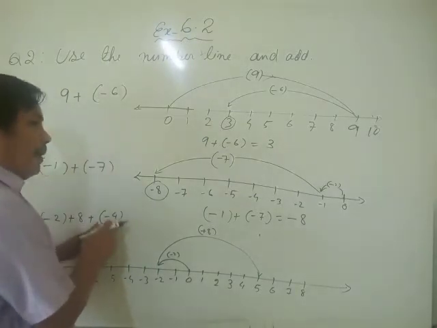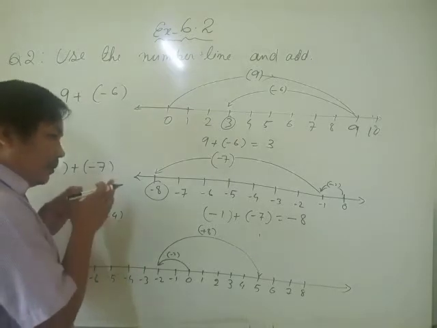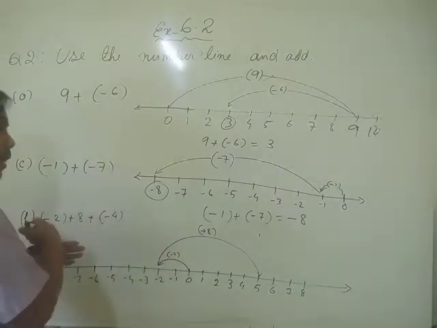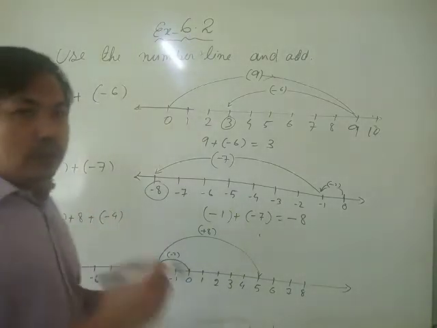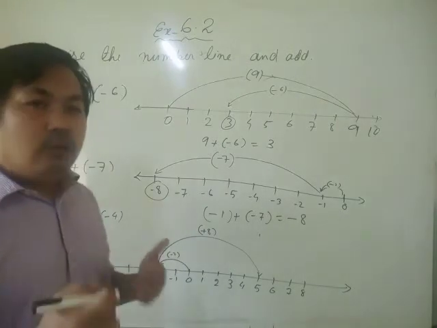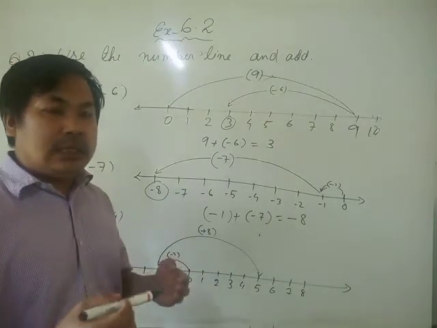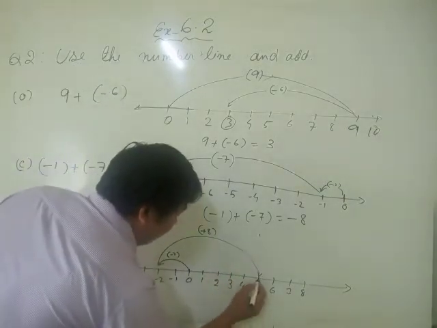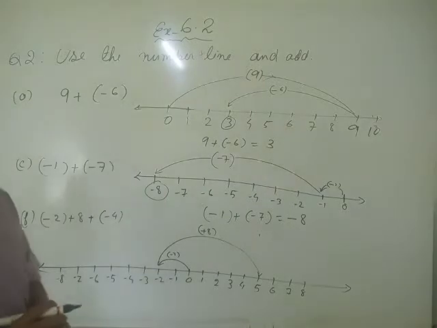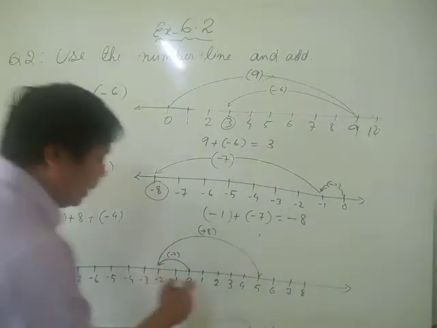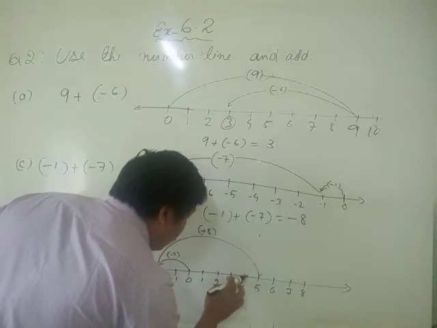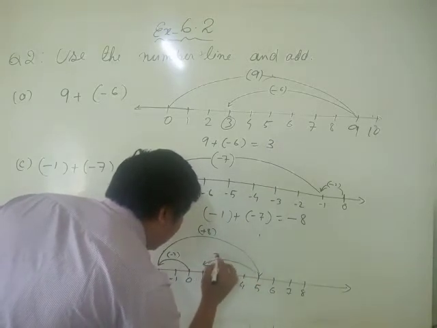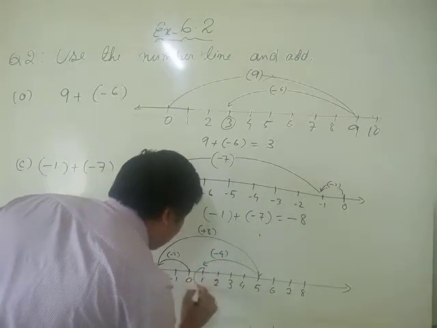Minus 4 means negative integer, so we have to move 4 points towards the left side. 1, 2, 3, 4. From here, this is minus 2. Now, at last, how much are we getting here?